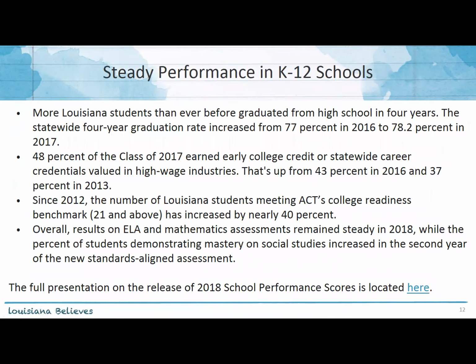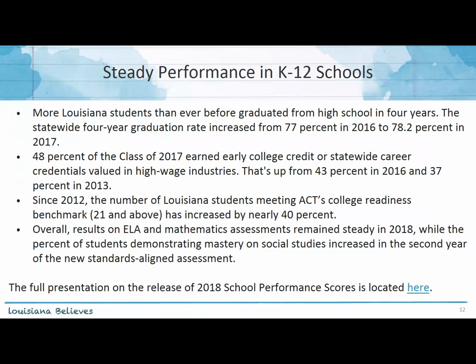The full presentation of the 2018 school performance scores is linked on this slide, and this is a much lengthier presentation that goes over the release of the school performance scores, highlights about the data, and ways for districts to communicate this information to schools and parents.